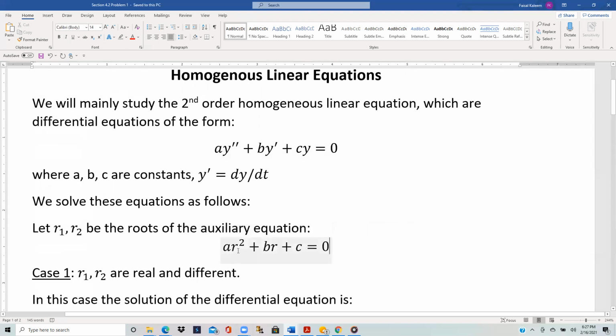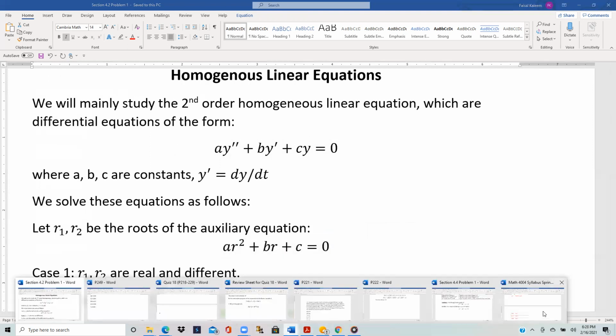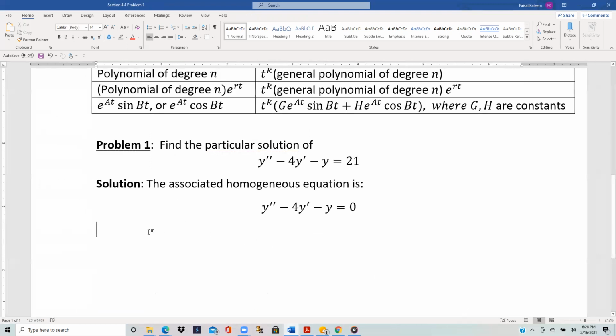So the auxiliary equation for this one will be r square minus 4r minus 1 is equal to 0.